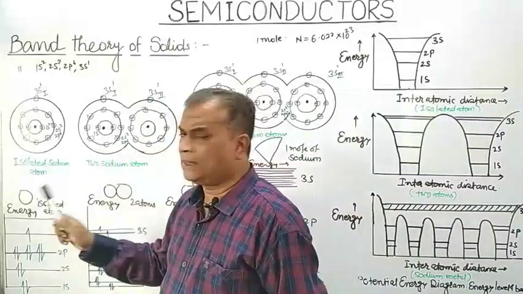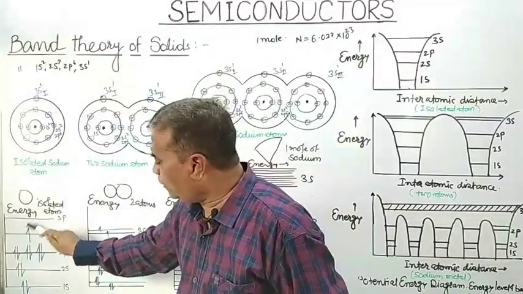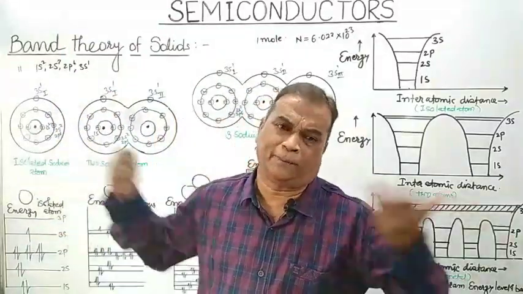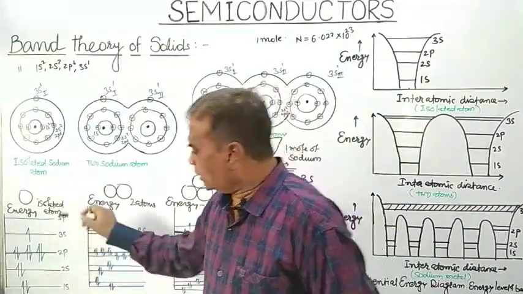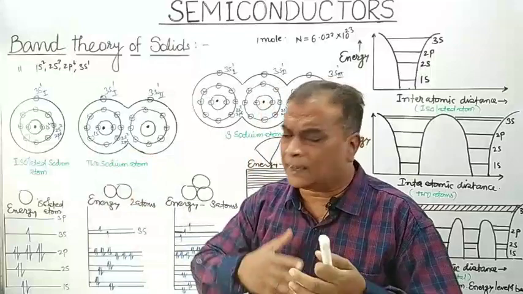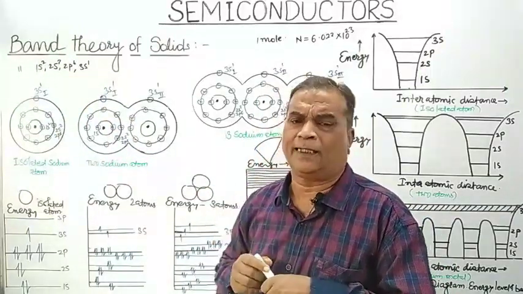And the last energy level, that is the 3s energy level, has only one electron and it is a spin up state electron. So this is how the electrons are distributed as per their energy level.